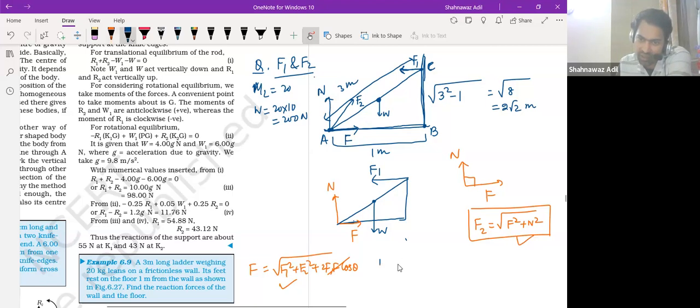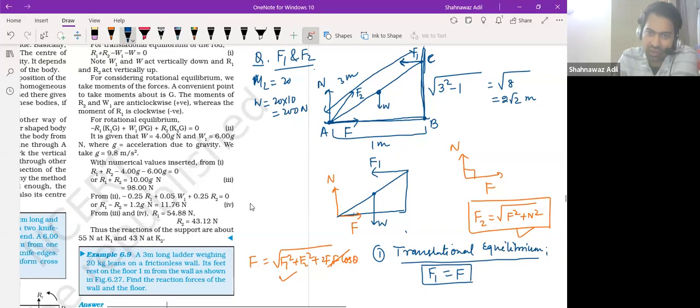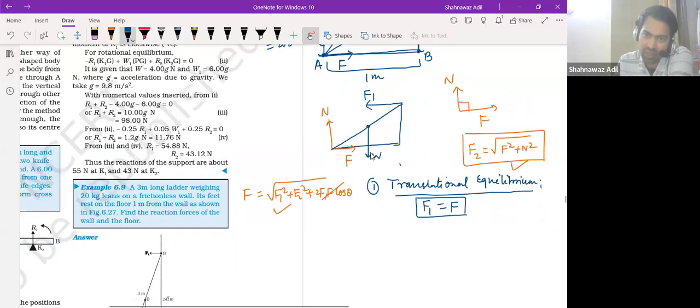Right. So now, writing the translation equilibrium. This one is right, this one is left. So F1 equal to F. Here, guys, yes, sir. And this one is up, this one is down.